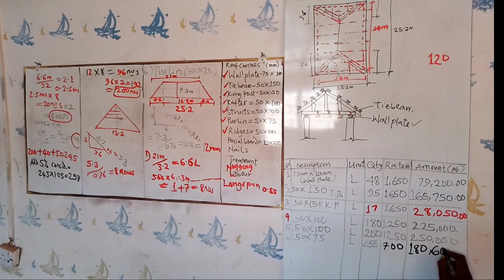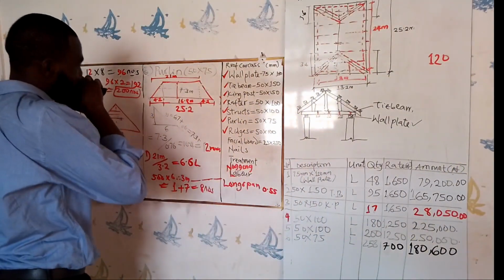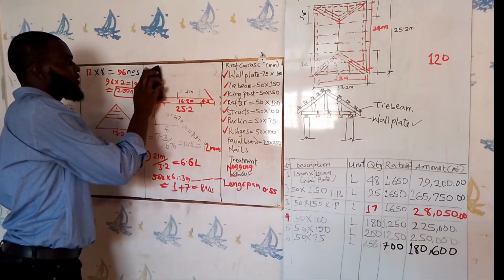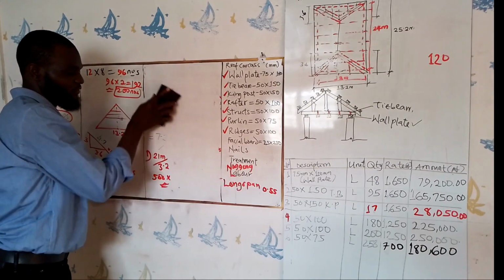Another person gave us 750. So another person 700. Between 700 and 750. Okay. So now we can move to our fascia board.